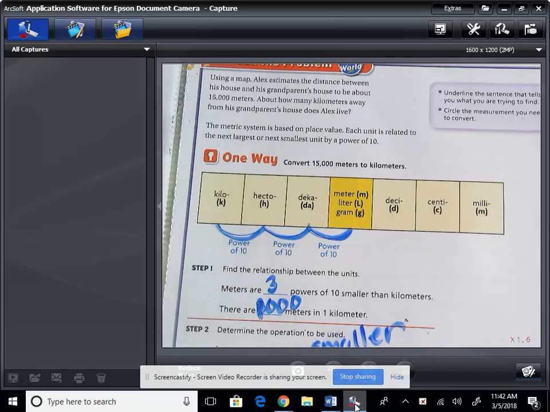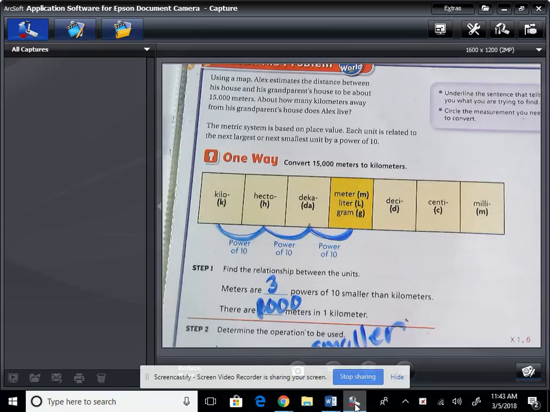So same rule when we're converting: when we're going from smaller to larger, we're going to divide. So 15,000 divided by 1,000 equals, well, just tells me I'm going to write this number. And if I'm dividing, I'm going to go back 3 spaces, and my answer is 15.